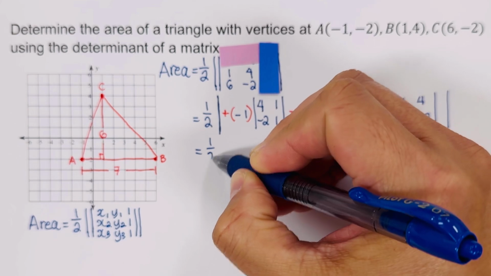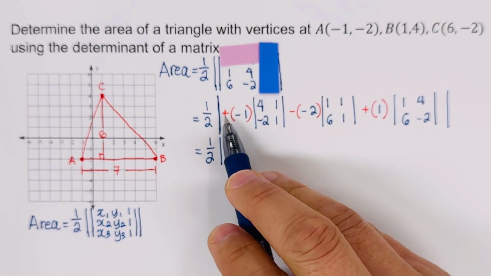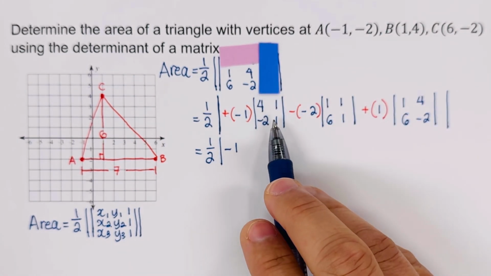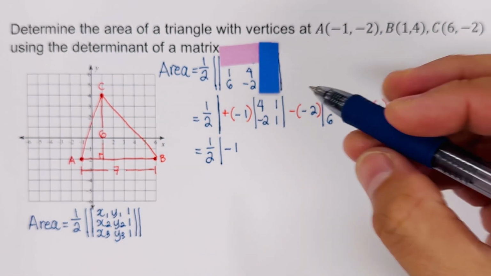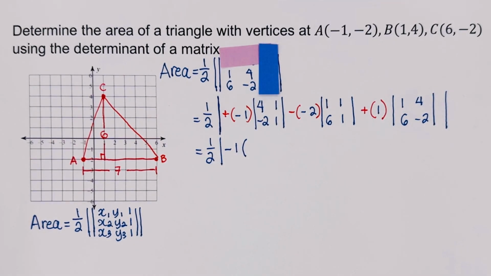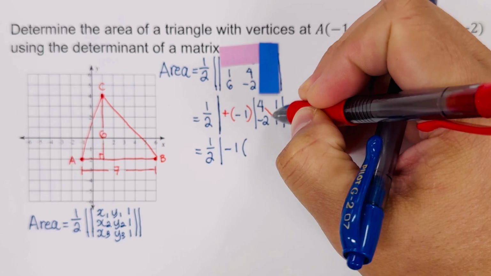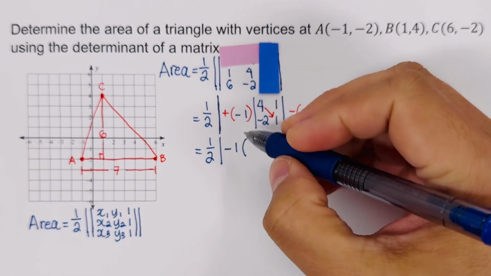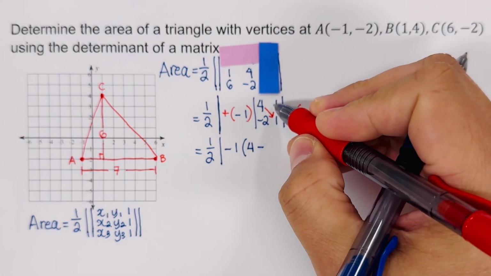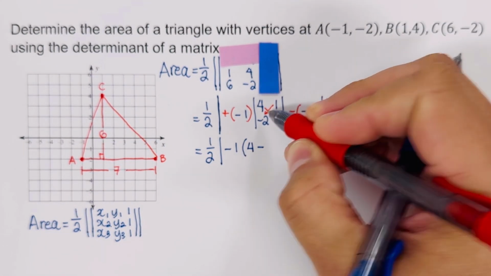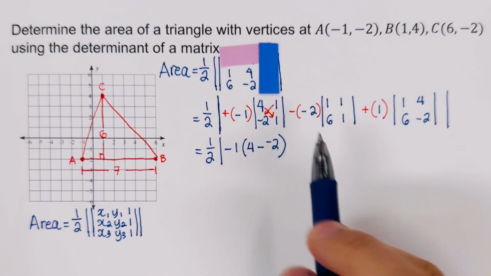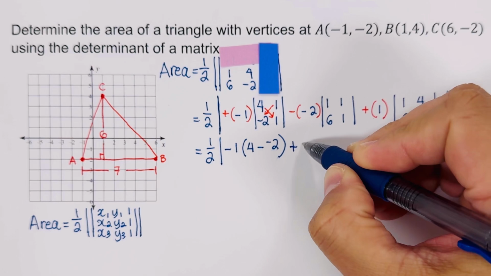So we have 1/2. Absolute value of positive times negative is -1. Then we get the determinant of this 2x2 matrix. To do this, we multiply their diagonals. 4 times 1 is 4, subtract the anti-diagonal, which is 1 times -2 is -2. A negative times a negative is a +2.